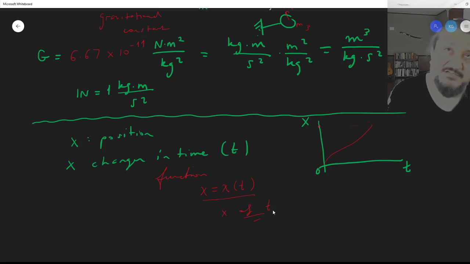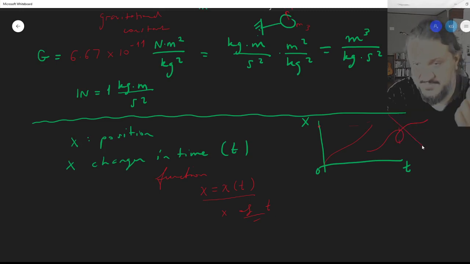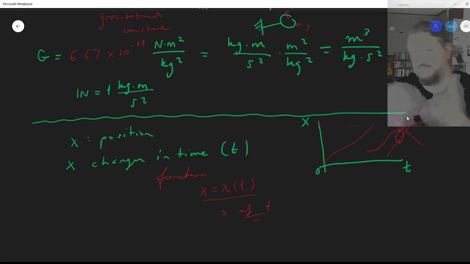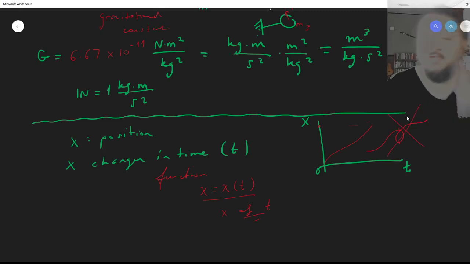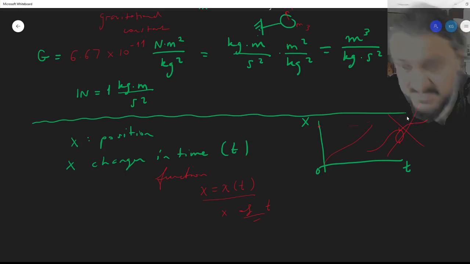And functions have to obey some rules, like you can't have this. Why? Because it means you're going back in time. It means you're at two different places at one time, which are physical impossibilities. That's as far as the physics we are going to learn. So it has to obey some mathematical principles.